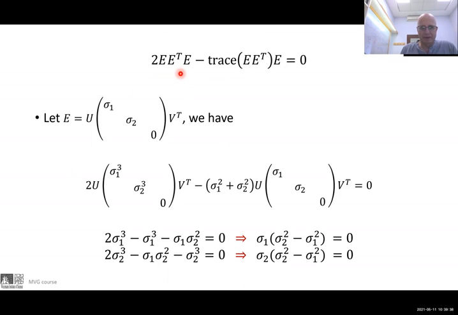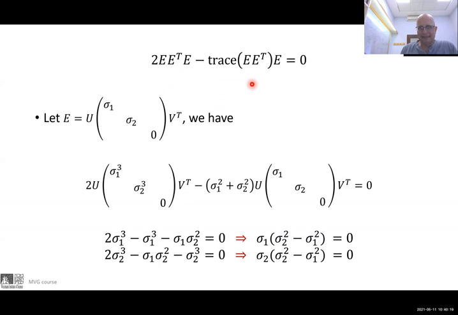If you apply singular value decomposition to each E in this equation, you notice that in E times E transpose, you get V transpose times V, which is identity. And in E transpose E, you get U transpose times U, which is identity. And so overall, you get 2 times U times the diagonal cubed times V transpose. Is this clear?